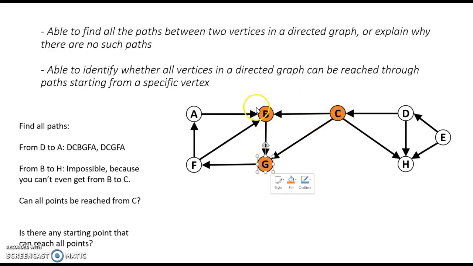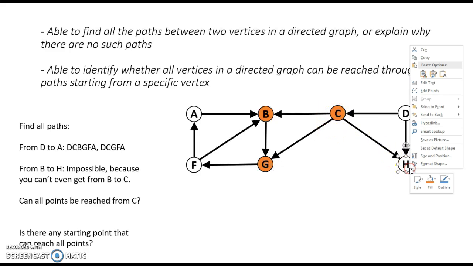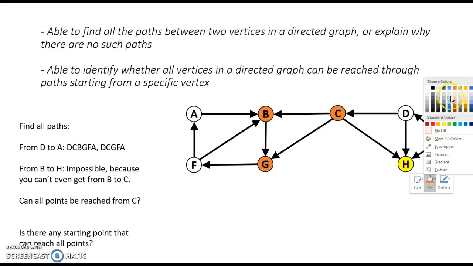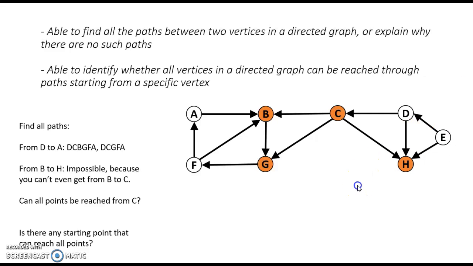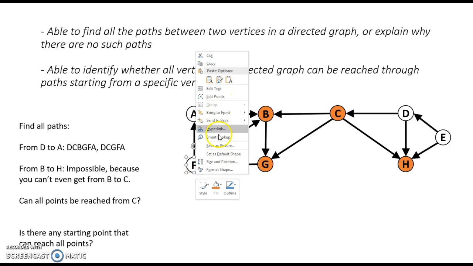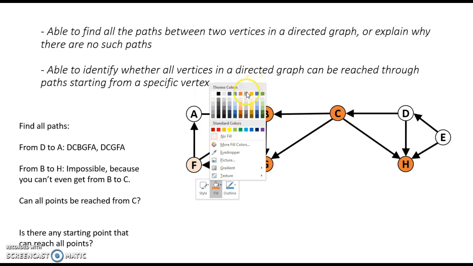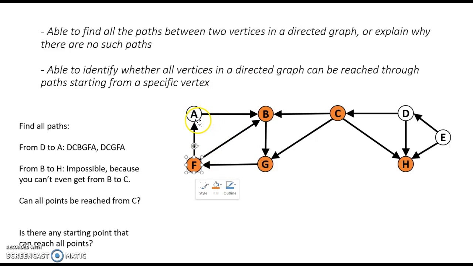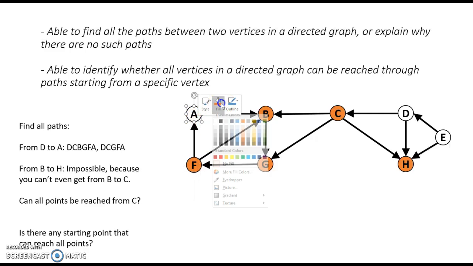As long as we can get to one of these points, then we should be able to get to any point that it connects with. So C to H would be an option here. G to F would be an option. F to A would be an option.